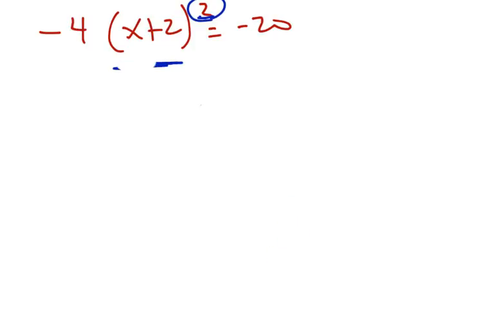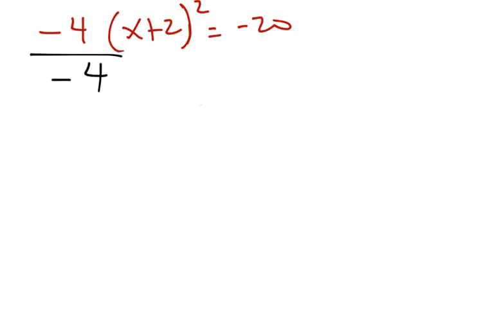We need to isolate this whole parenthesis because the parenthesis has the power. This negative 4 is multiplying. There's nothing between the 4 and the parenthesis, and that means it's multiplication. Because it's multiplication, the opposite will be dividing.